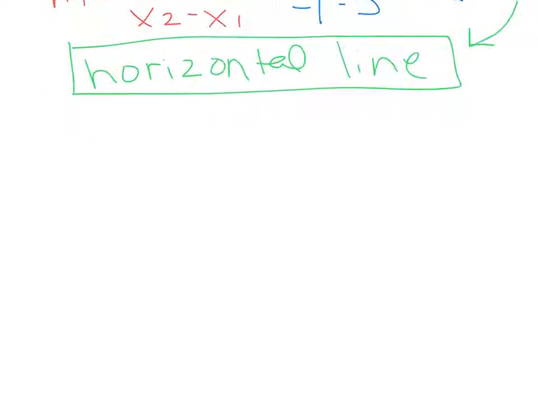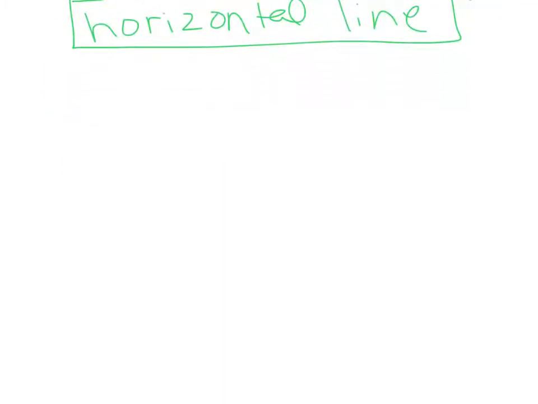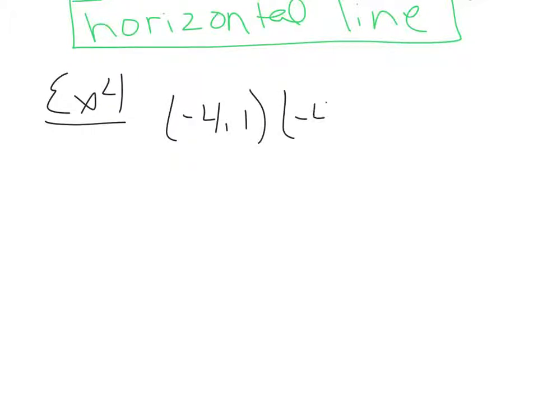We're going to move on to example 4, which is the same type of question. Find the slope of the line that passes through the points negative 4, 1 and negative 4, 7. And that slope formula is y2 minus y1 over x2 minus x1.